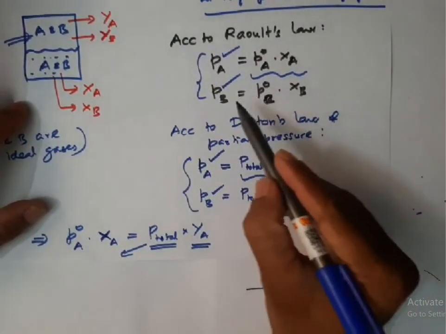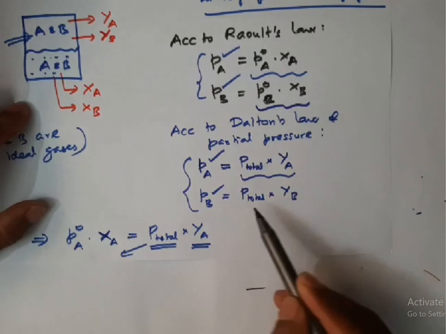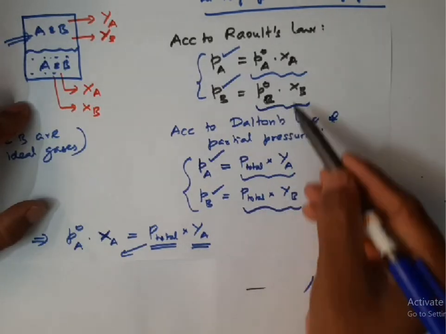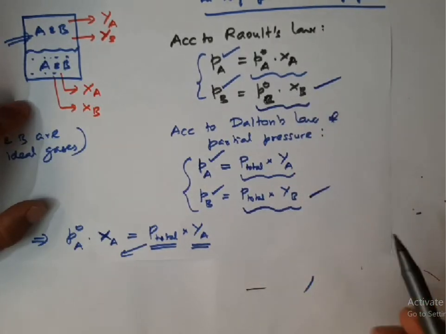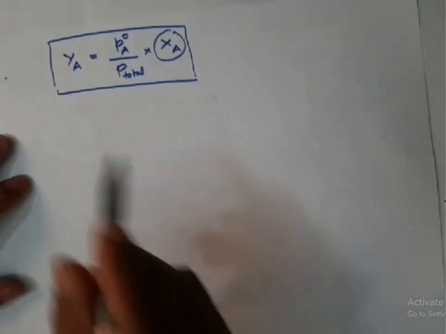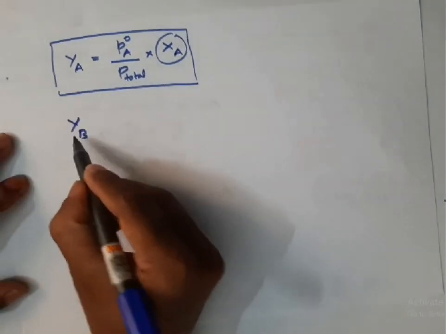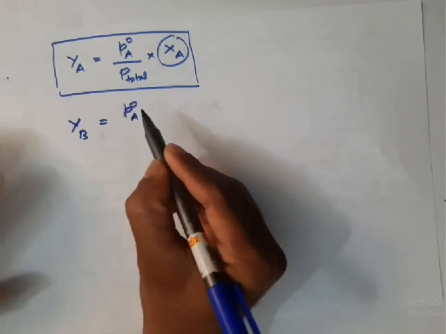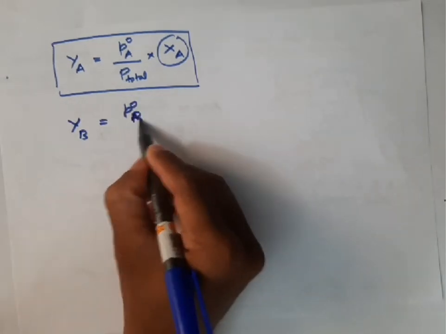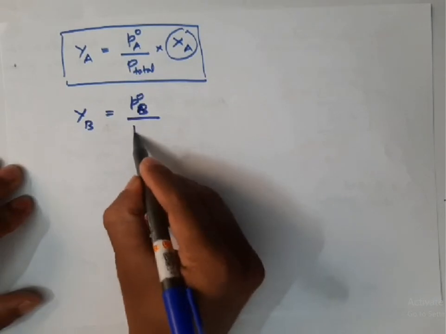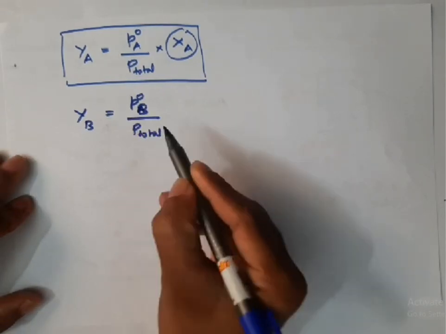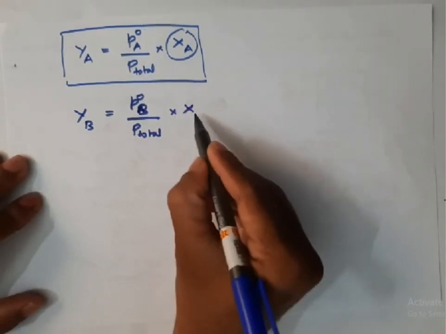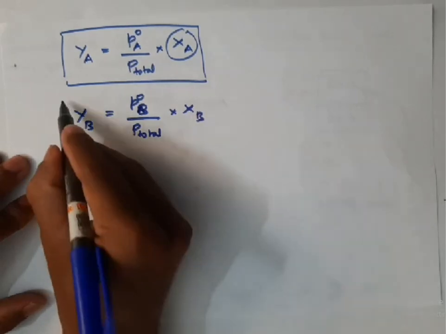Similarly, by equating these two quantities, we can write the mole fraction of B in the vapor phase is equal to P naught B by total pressure into mole fraction of B in the liquid phase.